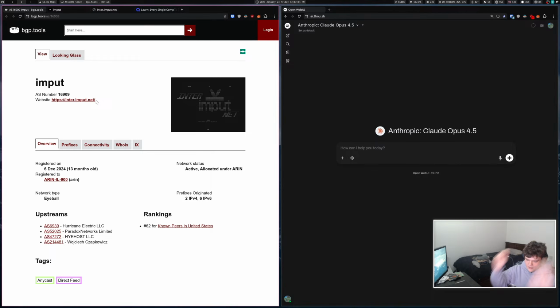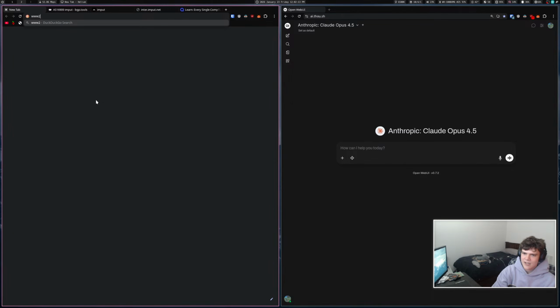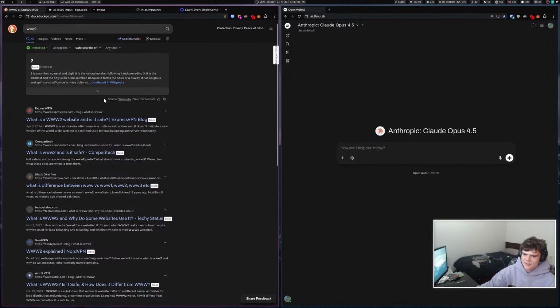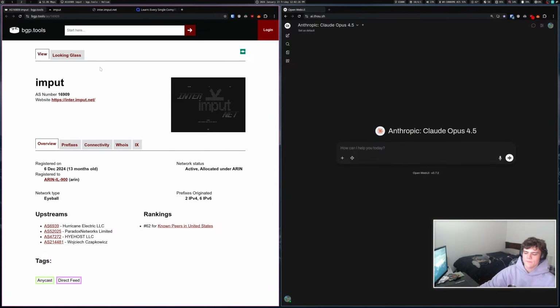I don't know enough about www2. I just know it sometimes shows up. I'm not sure. BGP in particular is the way different larger networks communicate with each other.